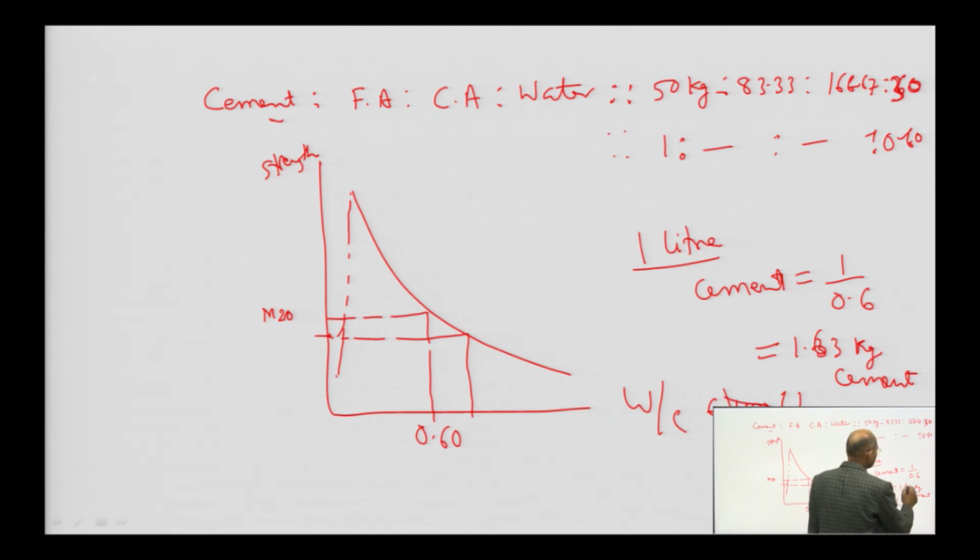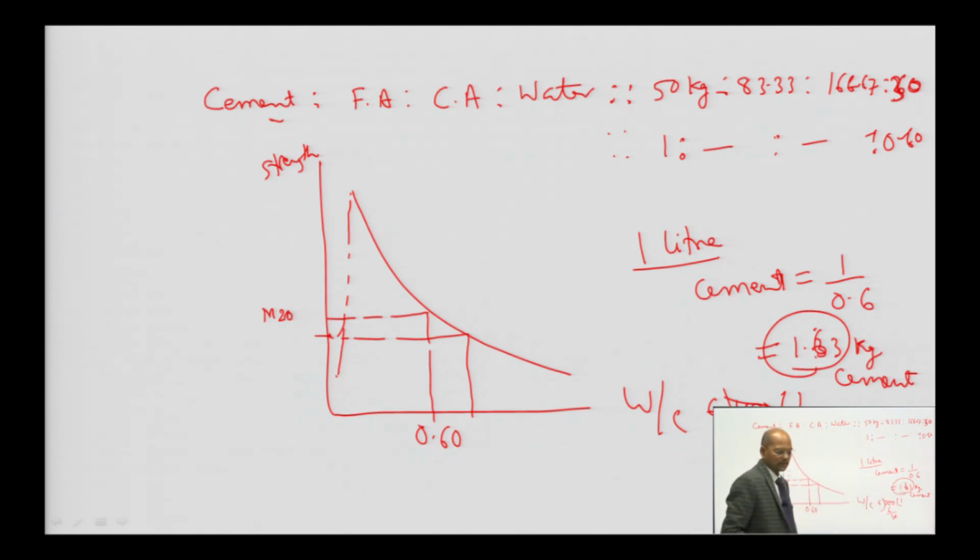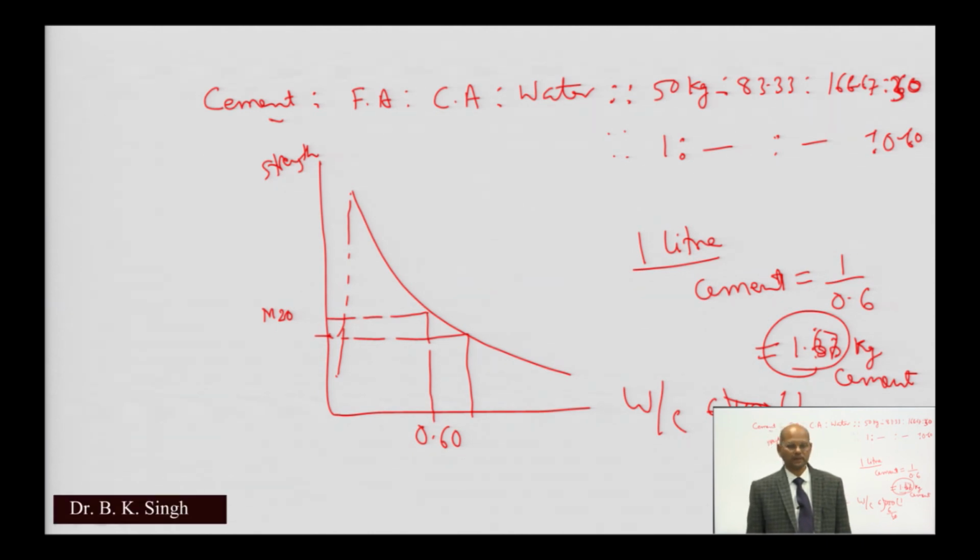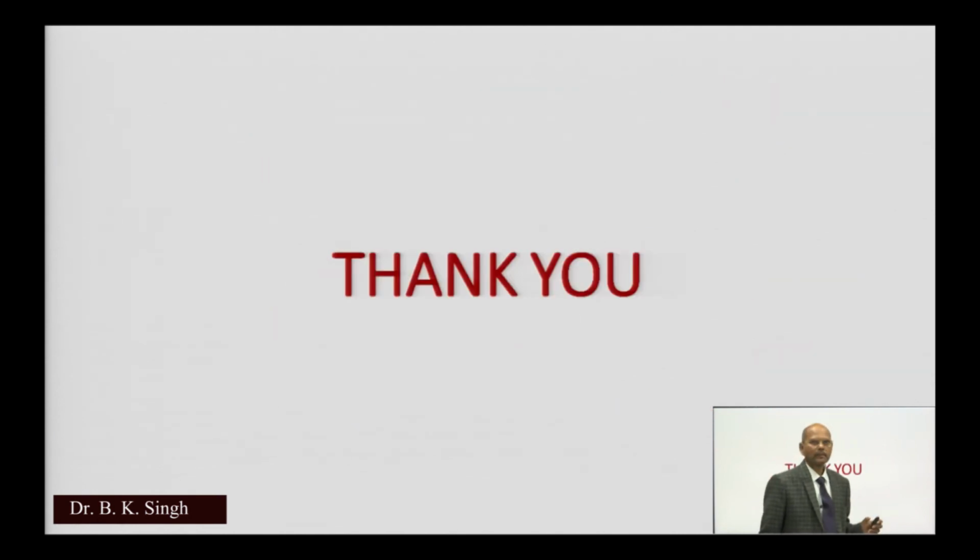So, like that we have to calculate this value. That much amount of cement you are supposed to increase. 1.67 kg of cement you increase for every 1 kg of water added, and then only will you be in a position of getting M20 grade concrete. Thank you.